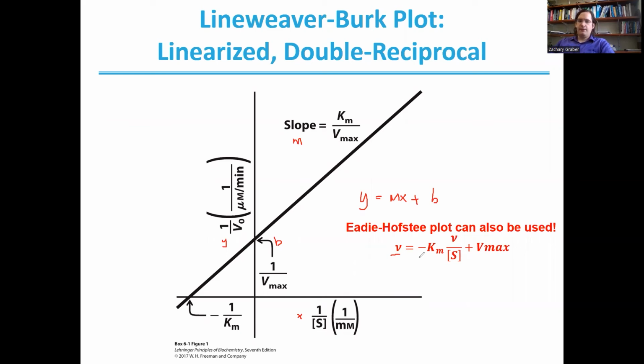You can see in this case, our slope would be negative Km, and our y-intercept would be the Vmax instead of the reciprocal of the Vmax. Both of these plots are very helpful for measuring those Km and Vmax values quickly, but they both do introduce some errors due to their use of reciprocals and this ratio within our x value.